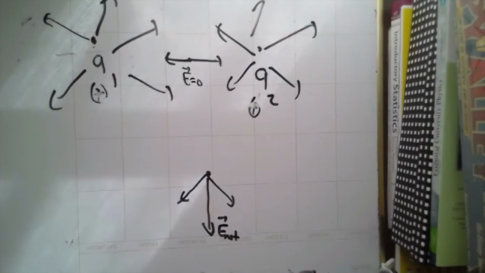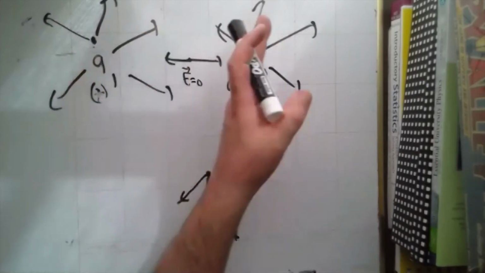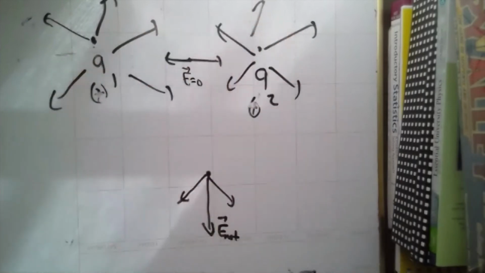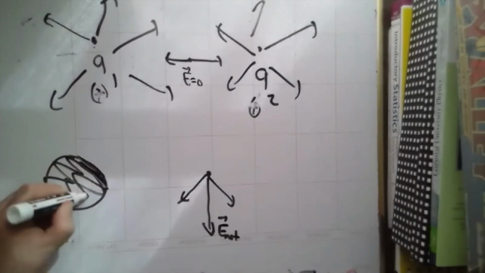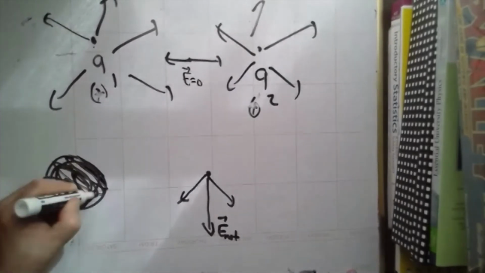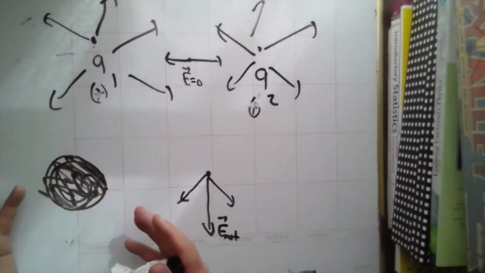We could do that in a discrete sense where we have 6 charges, 3 charges, 4 charges. Or we could do it in a continuous case where I have some charge, say, all smeared out in a disk. So instead of having individual charges, my charge is all smeared out.